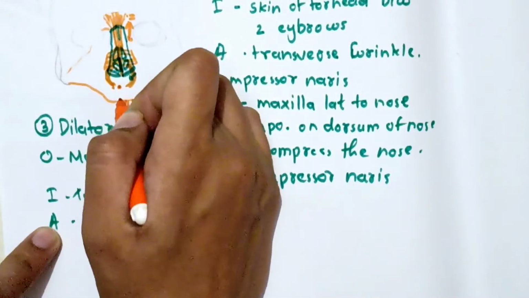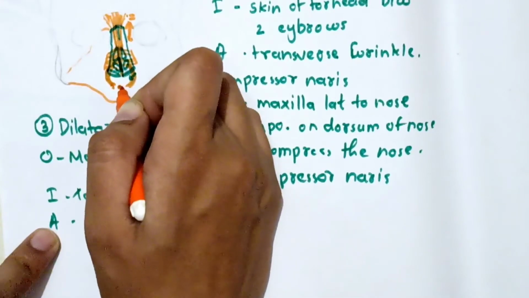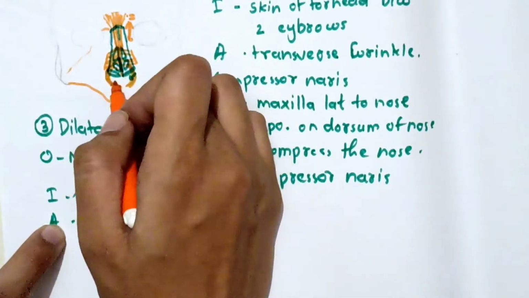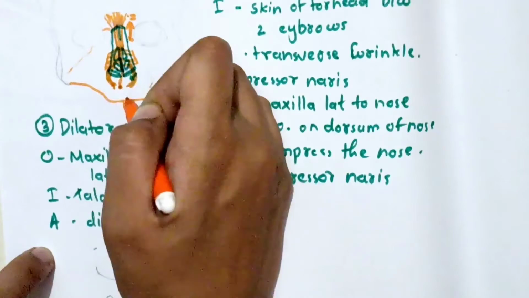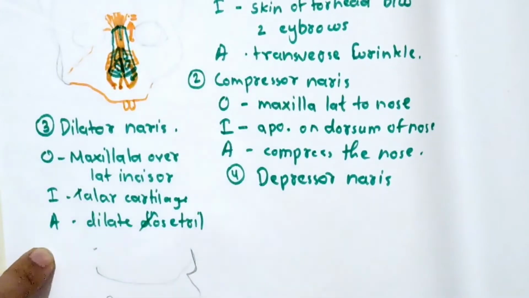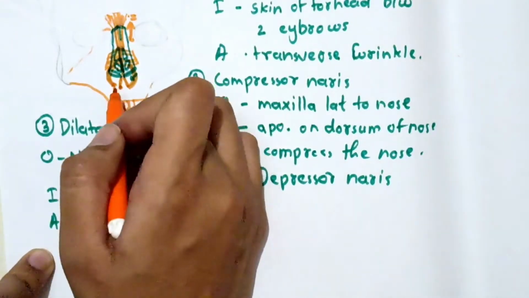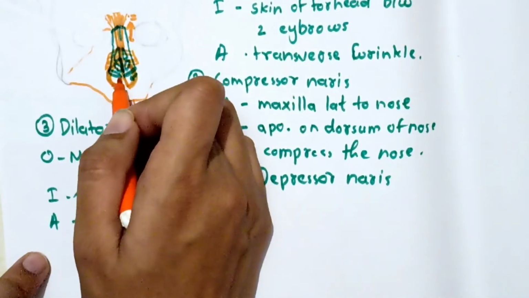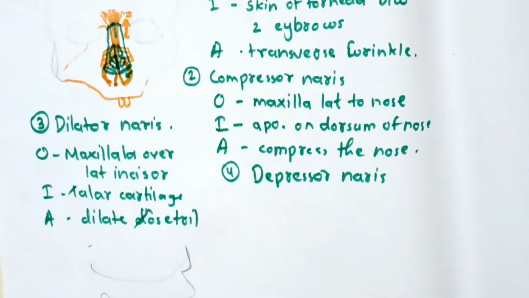This is from the lateral incisor over the maxilla, and from the medial incisor over the maxilla this originates, and it inserts onto the soft movable part of the septum, the lowermost part of the septum. When it contracts, it will move the septum downward and depress the nose.